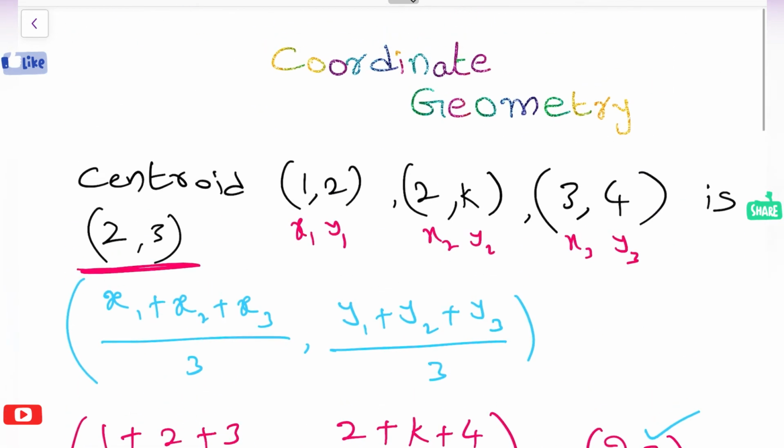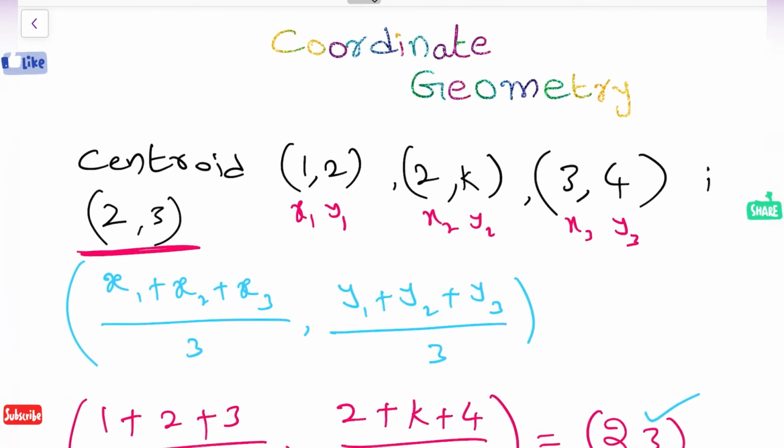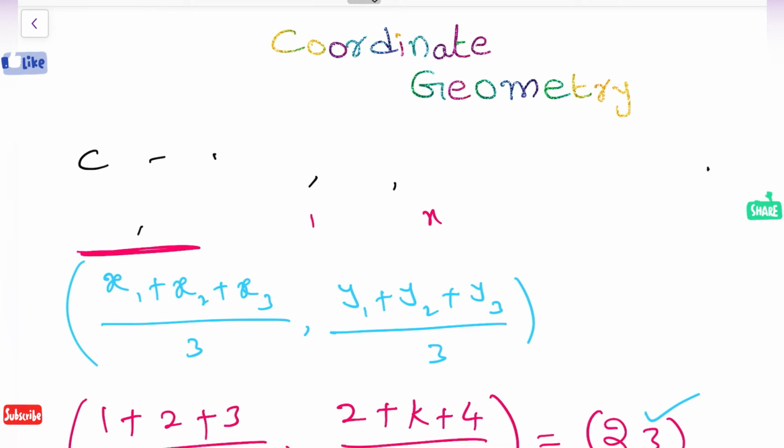Okay, let us move to the next type of question which will be asked in this chapter, that is finding the area of a triangle.